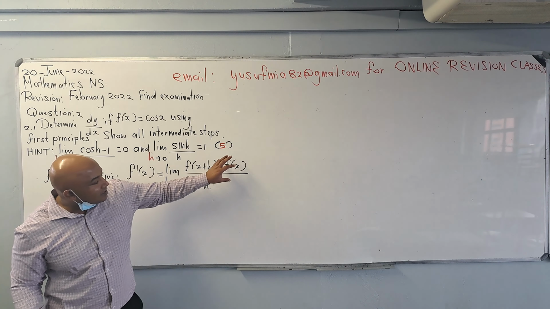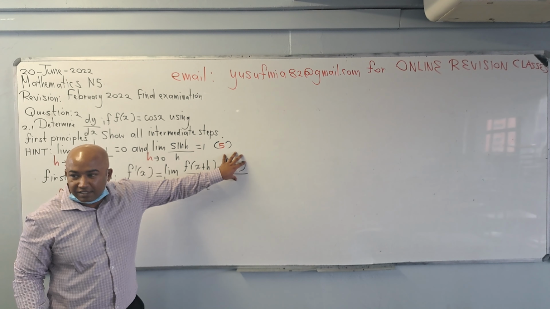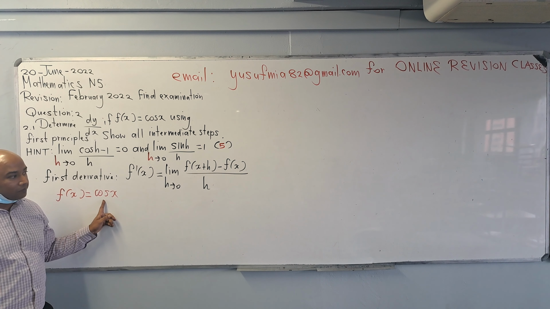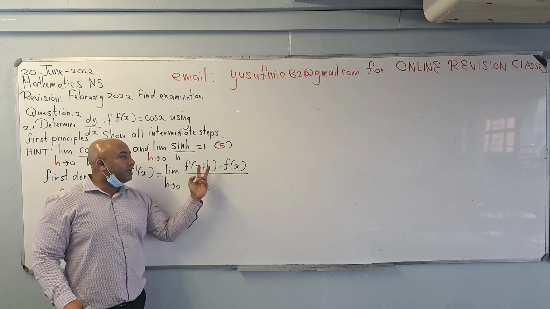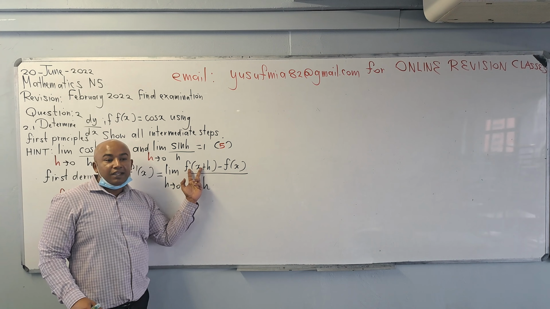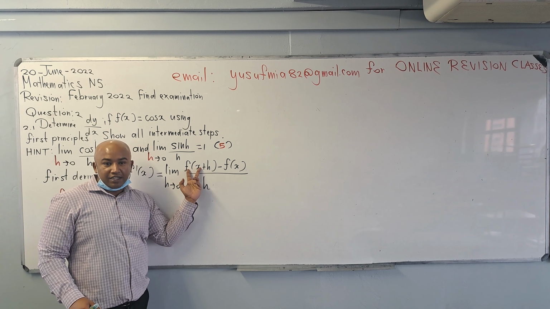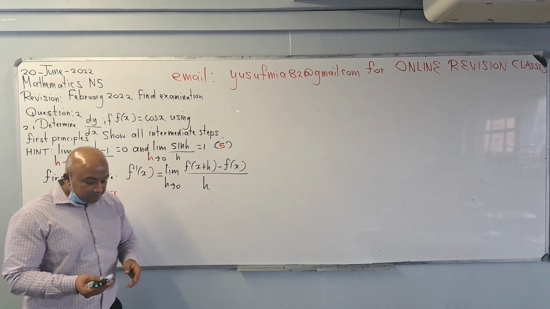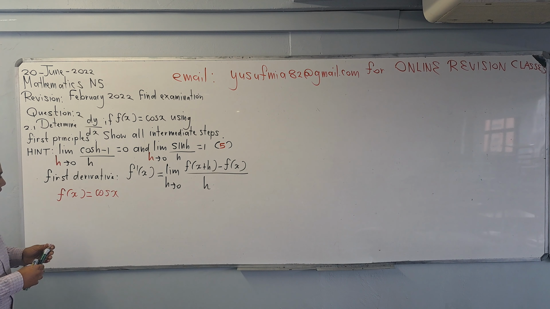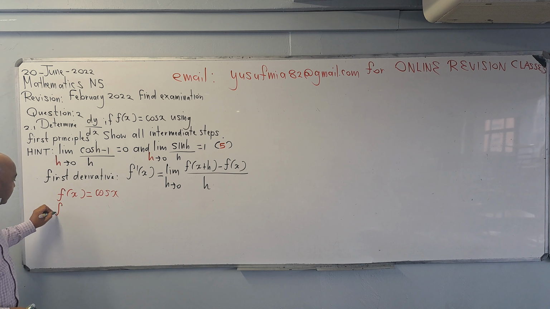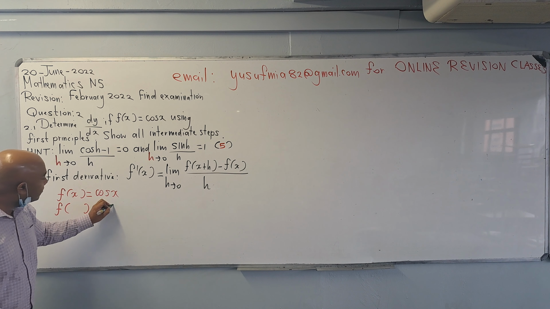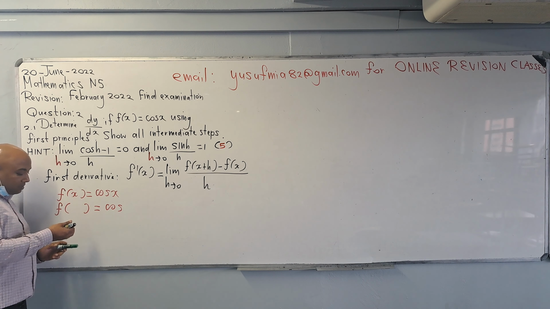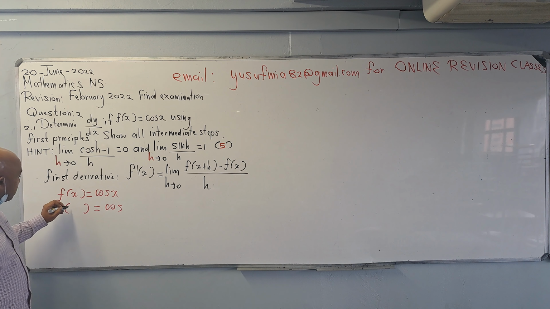So where we see f of x, we will replace it with cos. Okay, so now we need a substitution also for f of x plus h, which is the numerator of the formula. Can you see that? Right, so now, all I will do in the next step is replace x with x plus h.